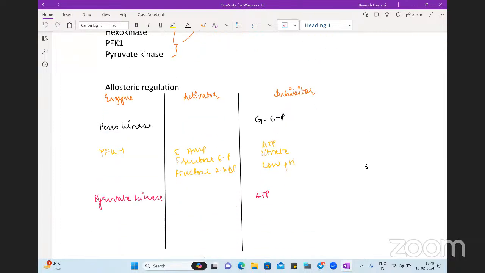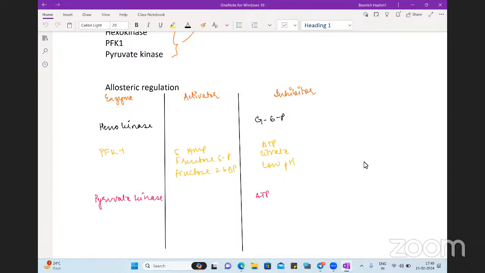Now moving on to the allosteric regulation. Hexokinase is inhibited by glucose 6-phosphate. Phosphofructokinase 1 is inhibited by ATP, that is when the energy is high. ATP is a signal of high energy in the cell.